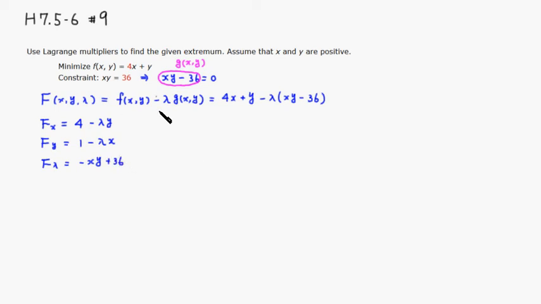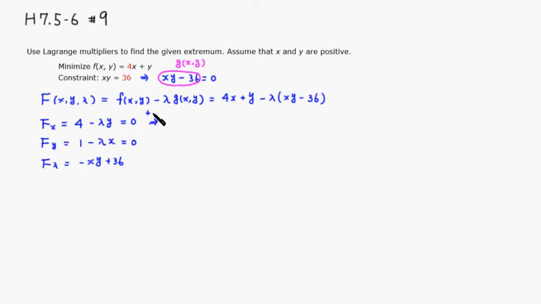Then we set them all equal to 0. Then we can solve one of these equations for lambda.